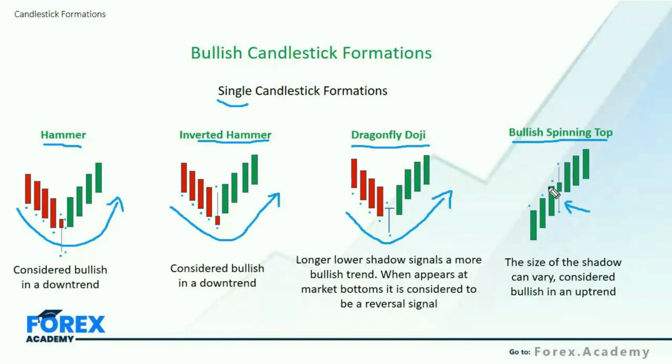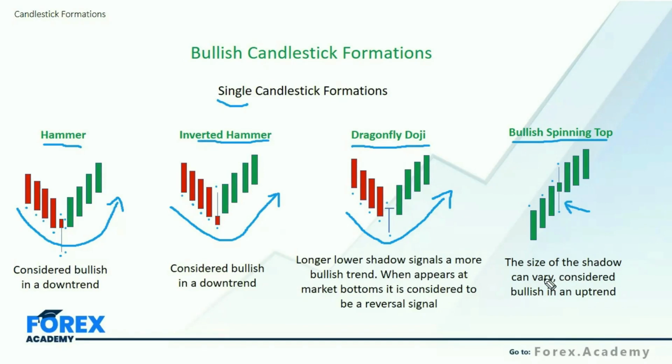So that effectively is referred to as a spinning top, and it's a bullish spinning top just because it's got a significant bullish body. It's green in color, so it has a bullish connotation when we see this on a price chart.